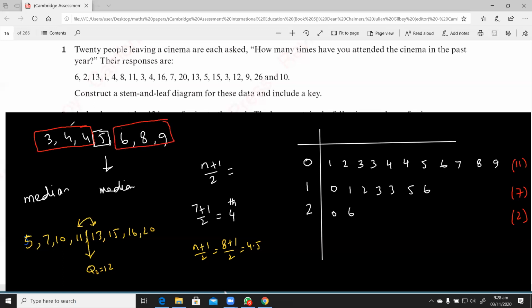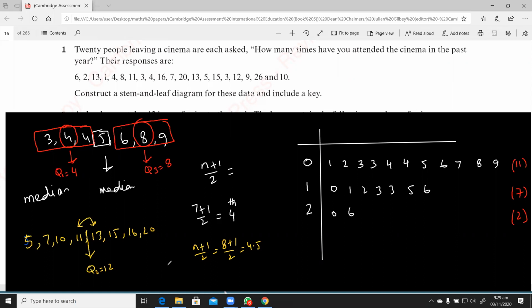Now this 4 is the median of this half. So this 4 is the lower quartile. And this 8 is the median of the later half. So that means this is your Q3, which is going to be 8. Okay. So that is what you do when you have an odd number of observations.